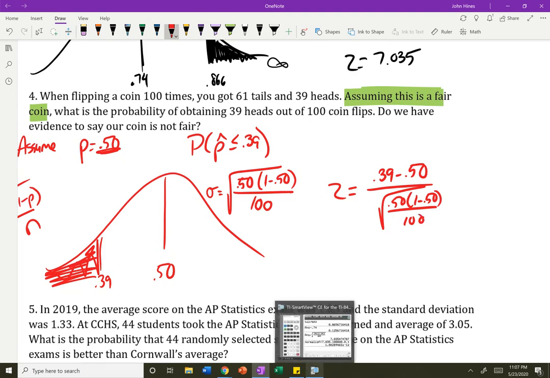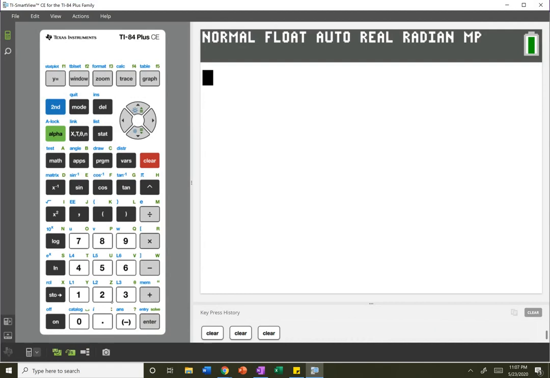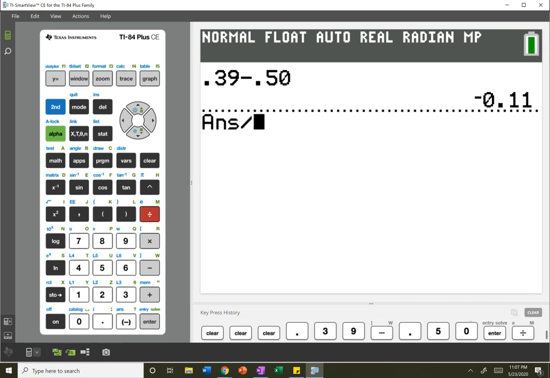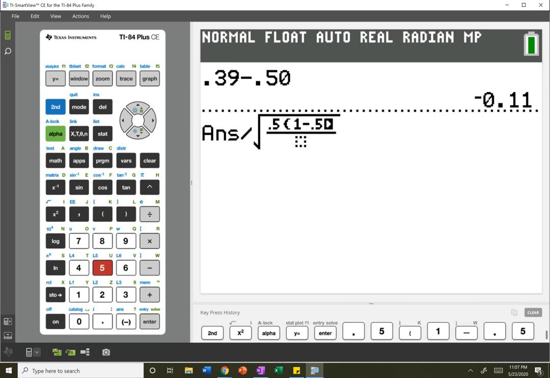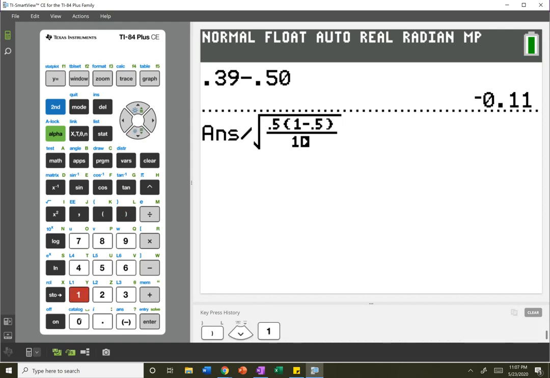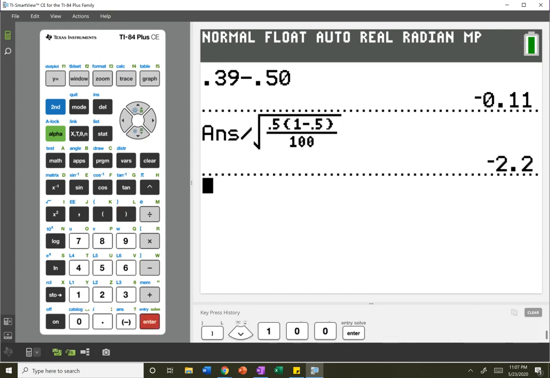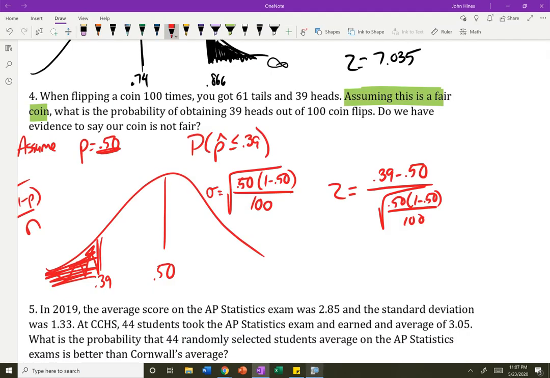So let's type this in now. 0.39 minus 0.50, enter, divided by the square root of, I need a fraction, P, parentheses 1 minus P, all over the sample size, which was 100 coin flips. So I get a z-score of negative 2.2. Z equals negative 2.2.